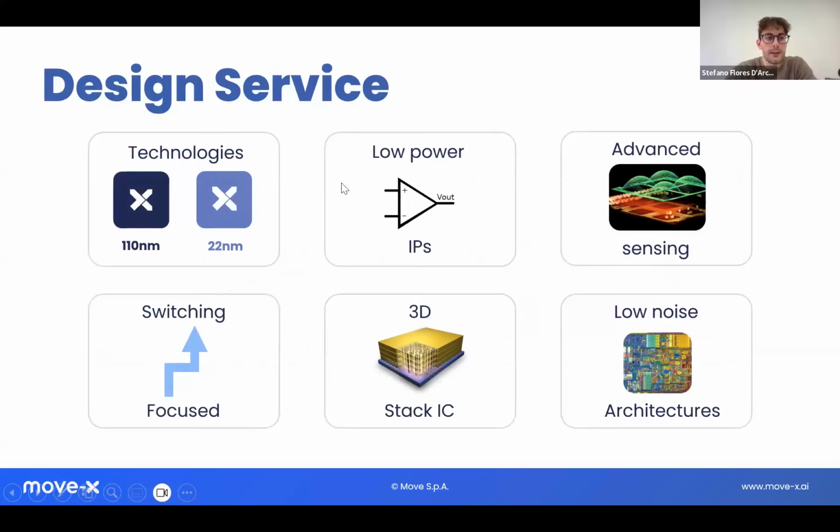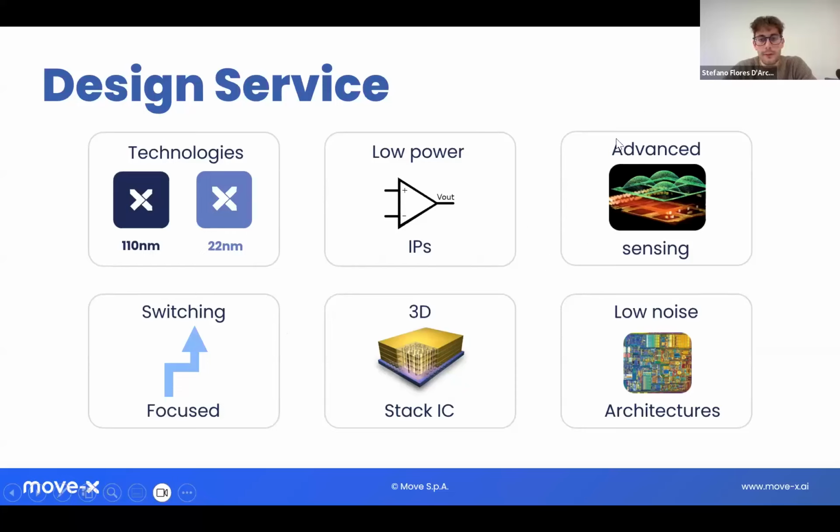a great experience in many different technologies. The first focus was power devices, power products, in particular switching products like DC-DC converter, buck, and so on. So exploiting BCD technologies and others, but we can now make ASIC design for many different fields of application, like low power IPs, low noise architecture and structure, and many more.